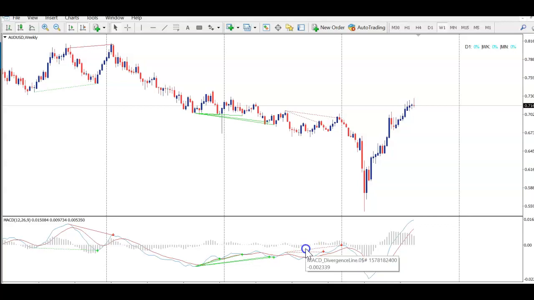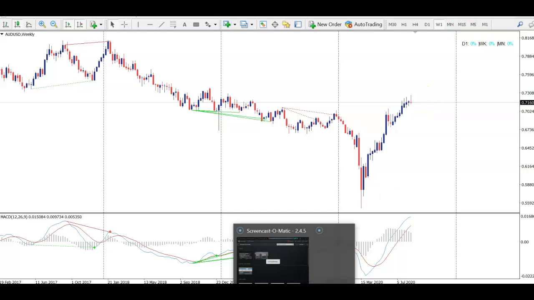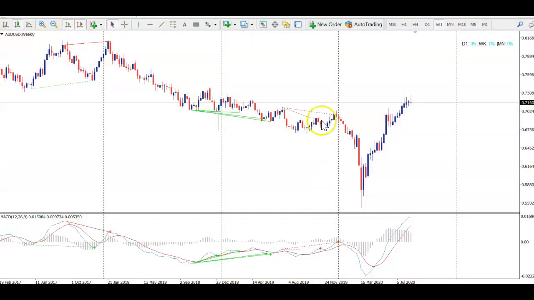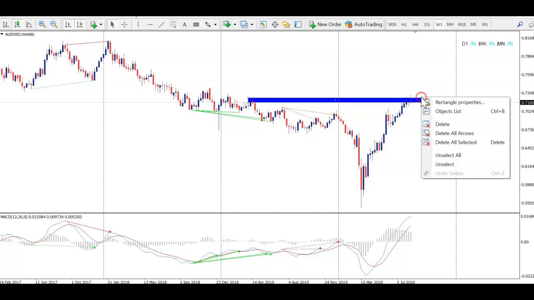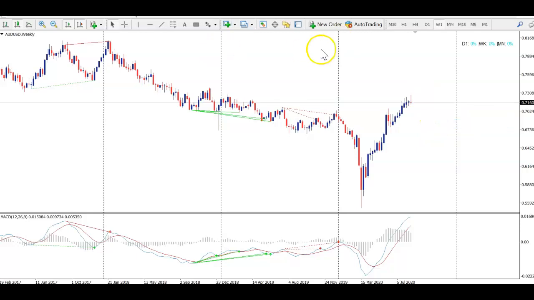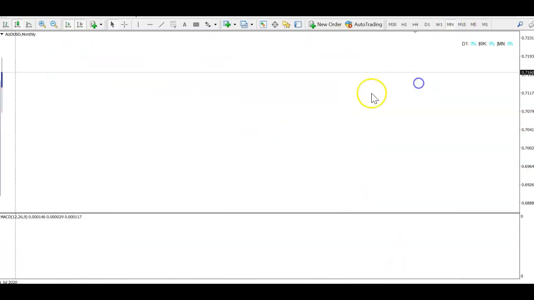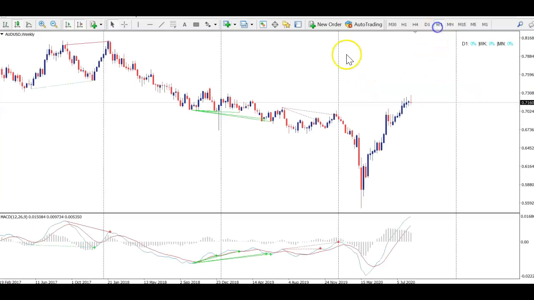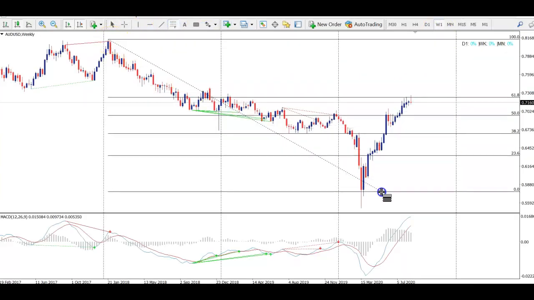Okay, it is on the Aussie USD. Let's get into it. As you can see, we're on the weekly charts here. What I'm first going to do is draw this Fibonacci from down here.